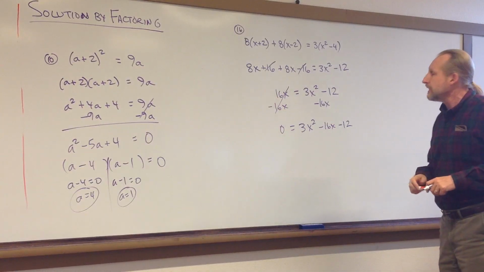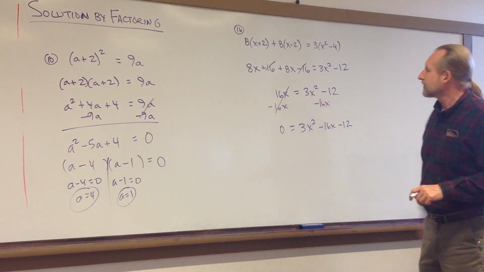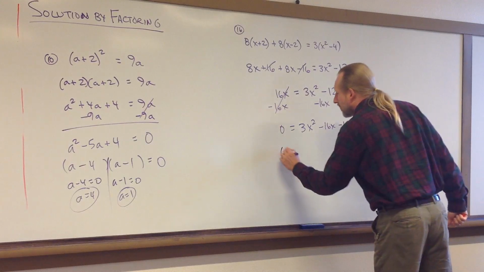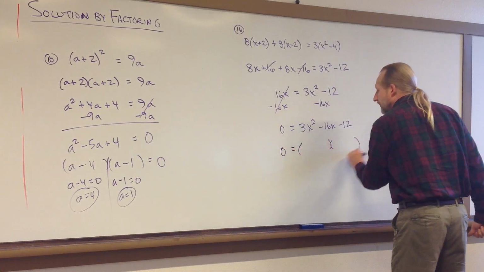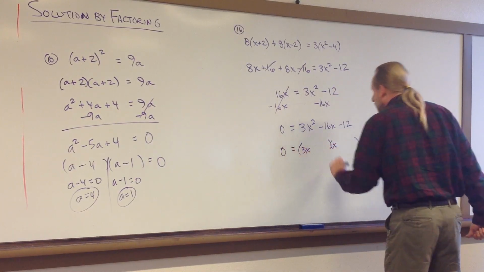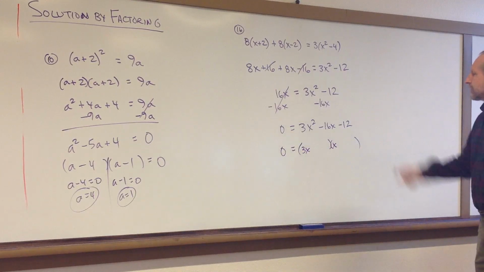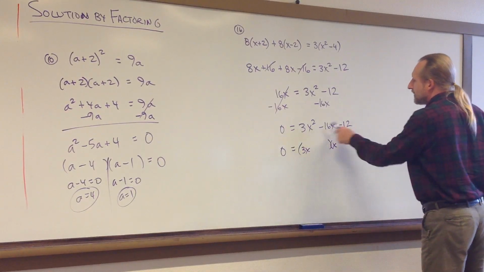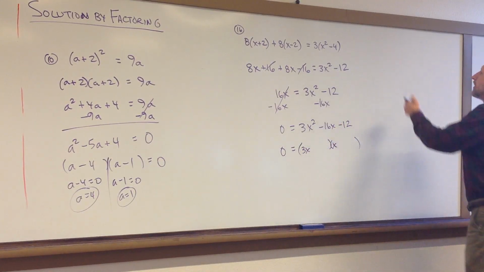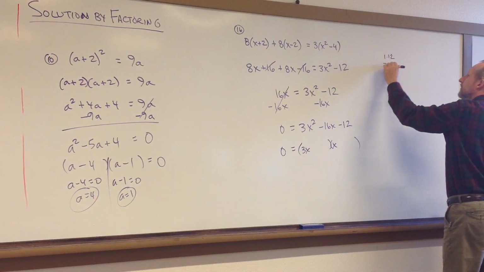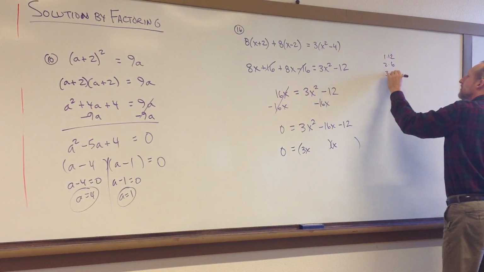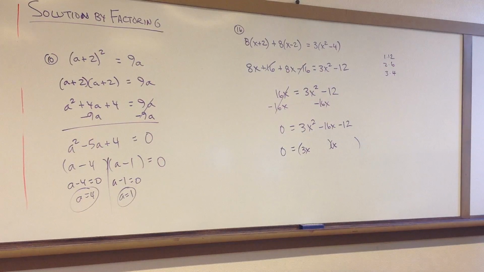I just find it easier to factor when this number is positive. So let's go ahead and do that. The 3 has got to be 3 times 1. Now I've got to try to fit the factors of 12 in here to get a difference of 16. So my choices are 1 times 12, 2 times 6, and 3 times 4.